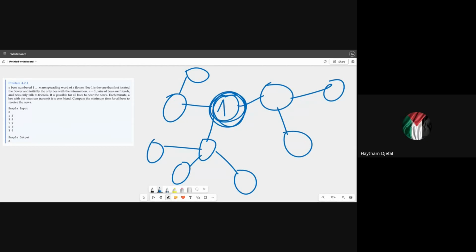The root is the node one. We can use a DP approach here. We can define DP of I as the minimum time that BI can give information to all of its subtree.